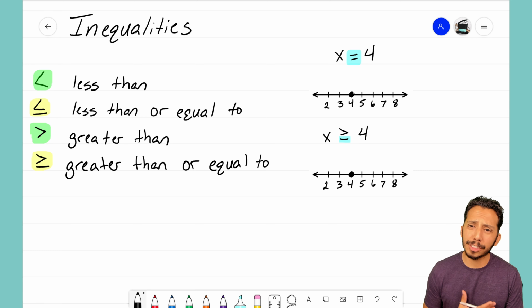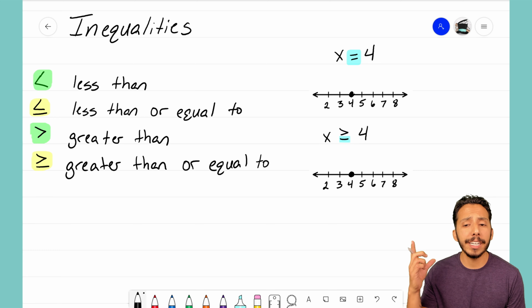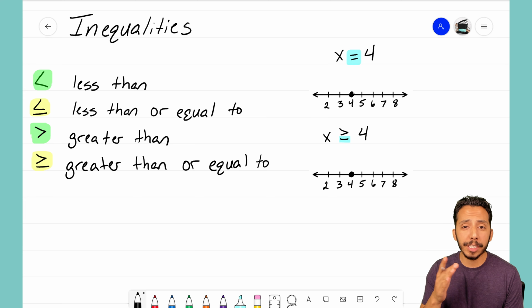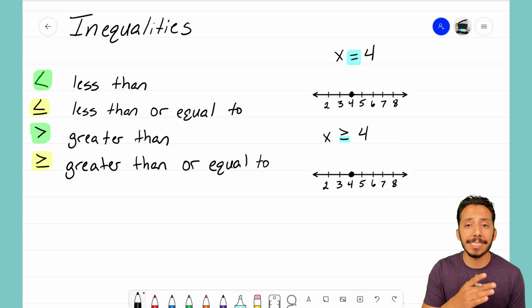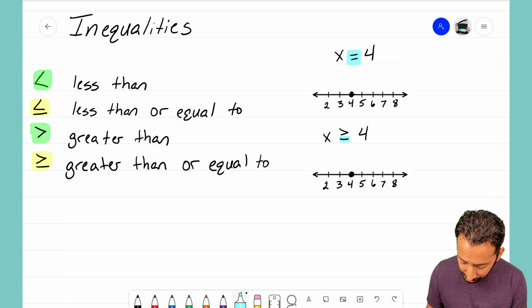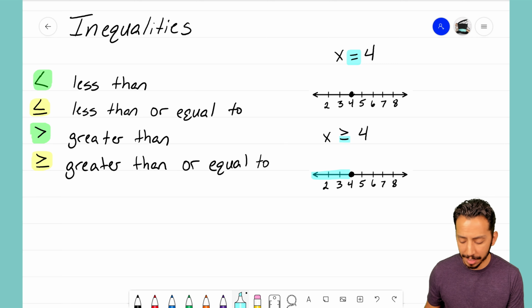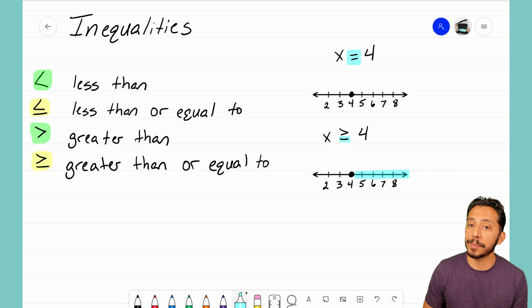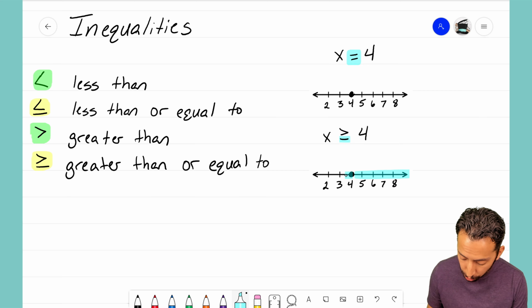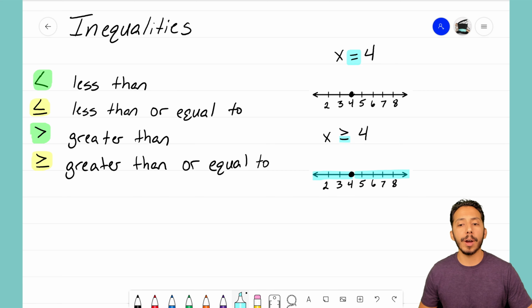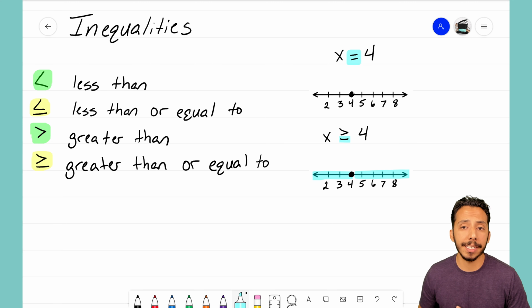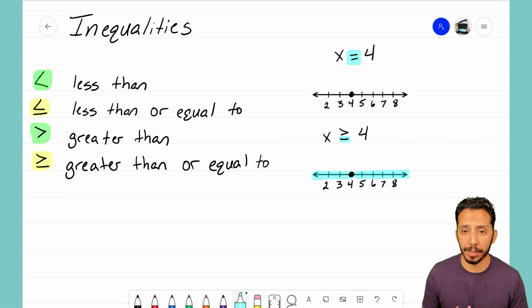Now the first part says that it's greater than. So I'm looking at this number line, and now I need to think about which direction represents x being greater than 4. Are we talking about this section here on the left side of that dot, or the right side of that dot? What you need to do is think about both sides of 4. Which numbers represent it being greater than 4?